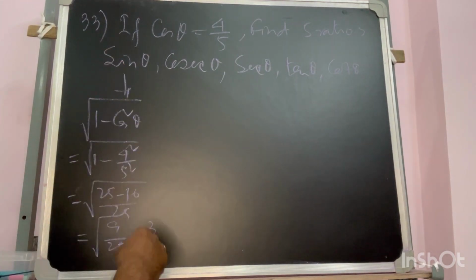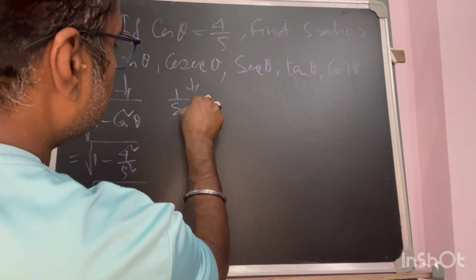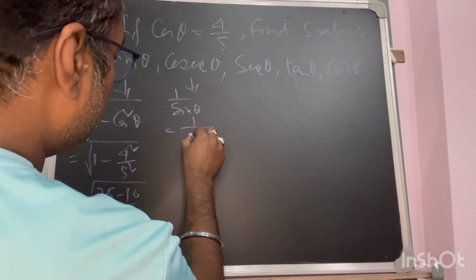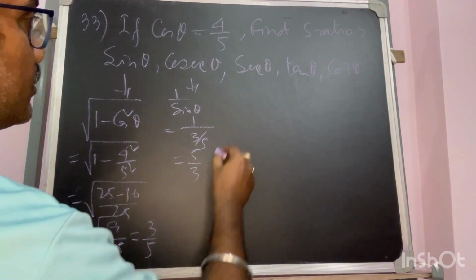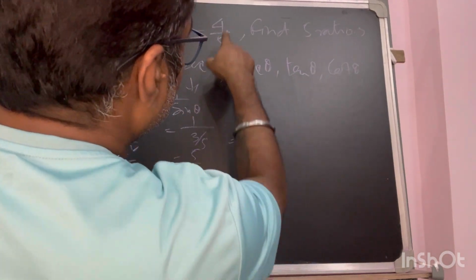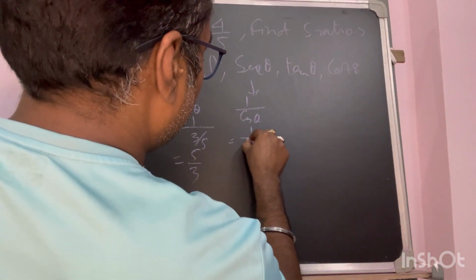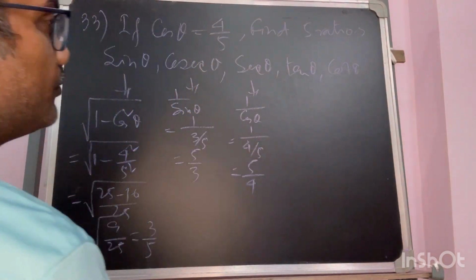So your sin theta is equal to 3 by 5. Cosec theta is equal to 1 by sin theta, so that is equal to 1 upon 3 by 5, that is equal to 5 by 3. Sec theta is 1 upon cos theta, 1 upon 4 by 5, that will turn it to 5 by 4.